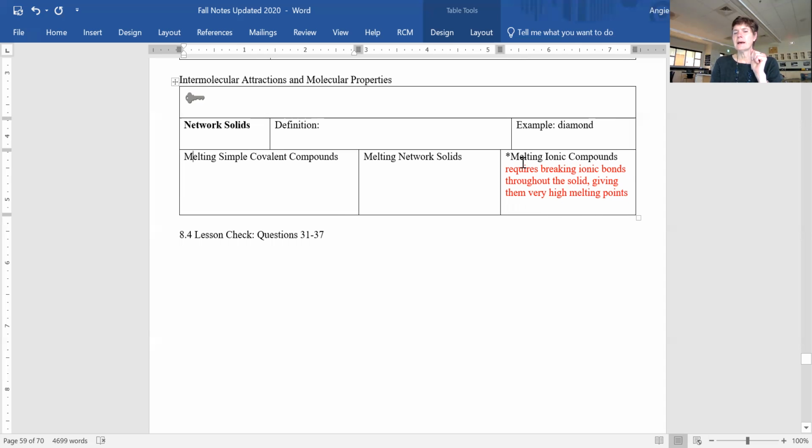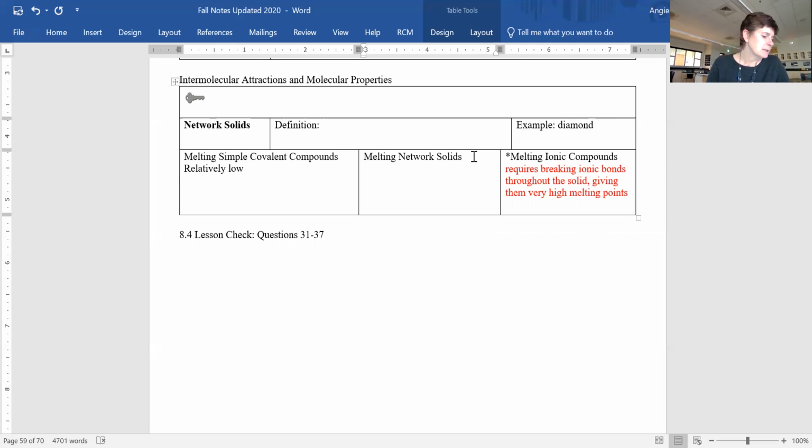Melting ionic compounds requires great breaking of ionic bonds throughout the solid, giving them very high melting points. However, the melting points of simple covalent compounds are relatively low, while the melting points for network solids are actually quite high.